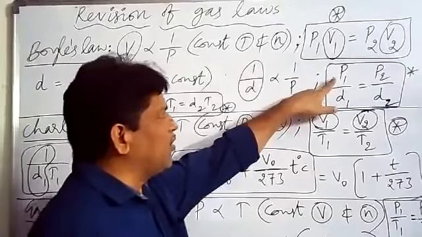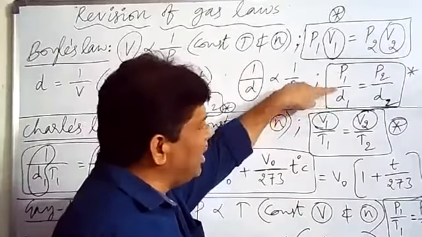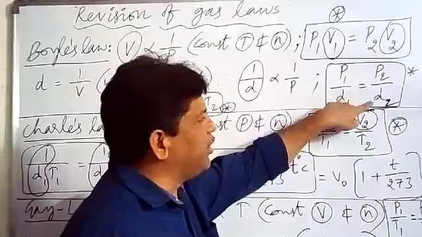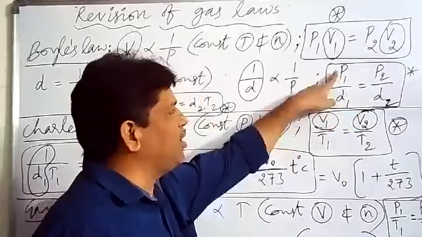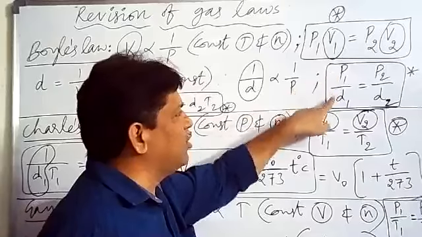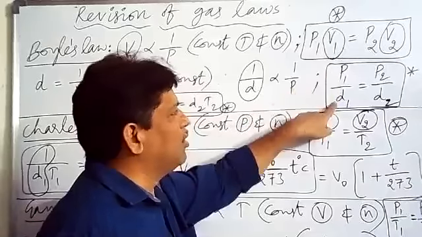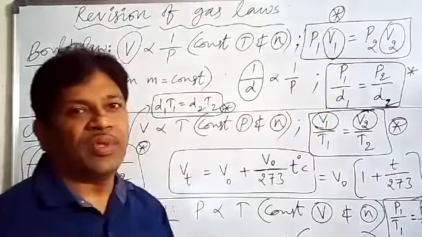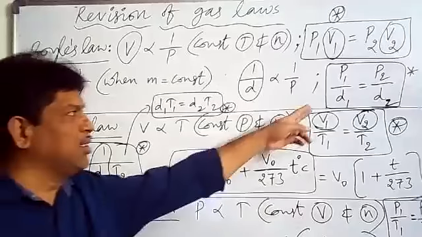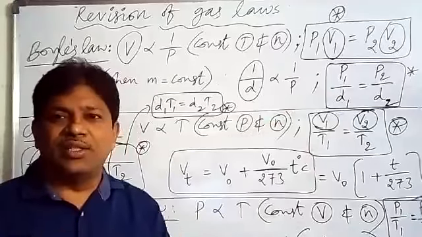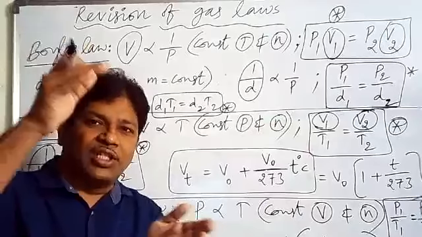Here, if the equation is in the form p1 by d1 is equal to p2 by d2, then p and d, numerator and denominator, are directly proportional. Imagine applying pressure on the gas.